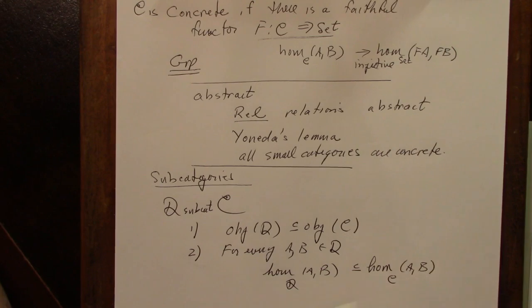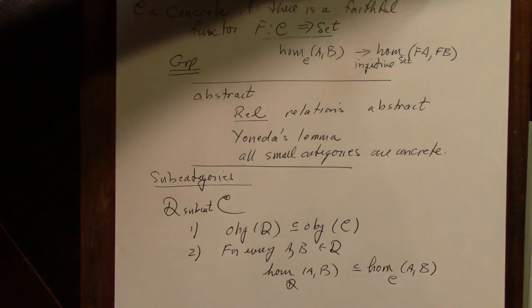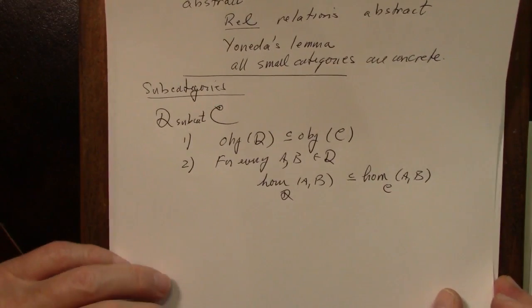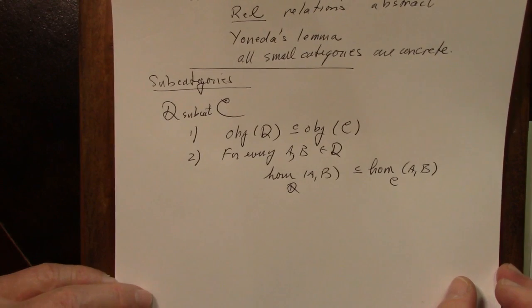We can say subset because if you recall, our definition of category requires that the Hom sets be sets, so that the category is already locally small.